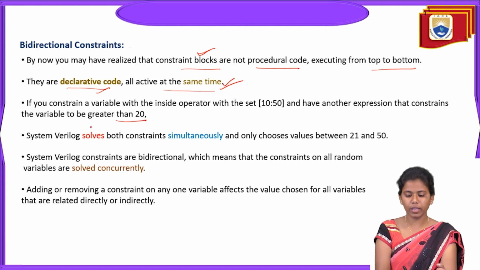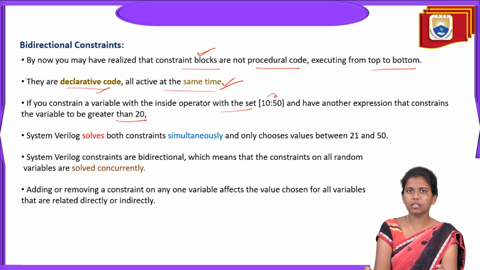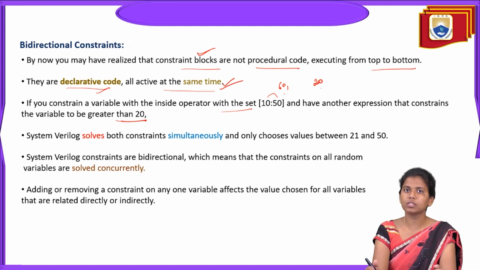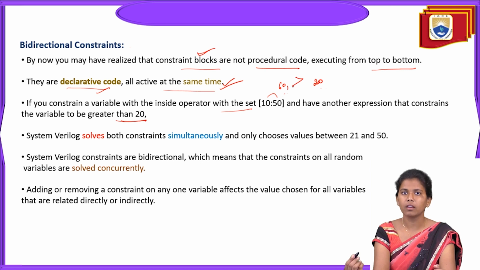With the inside operator we get a total of 60, and the other expression constrains the variable to be greater than 20. So in these two cases, the declarative code I can make use of is the relational operator, 60 greater than 20.